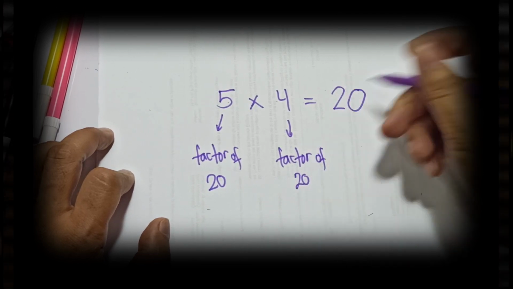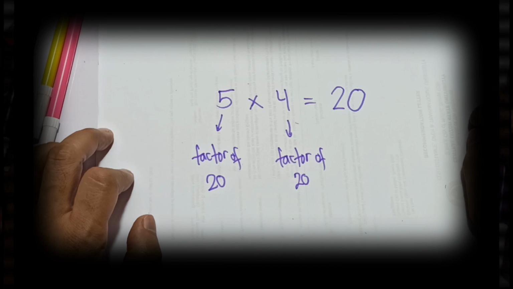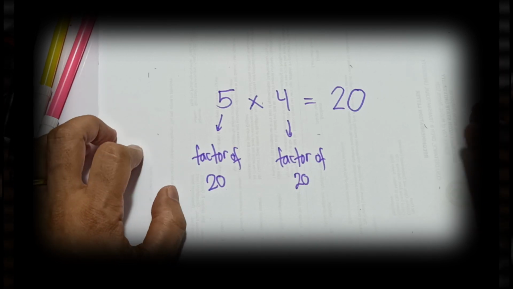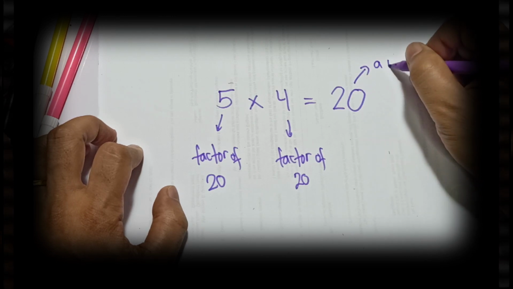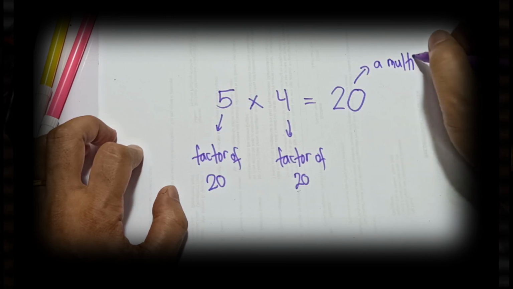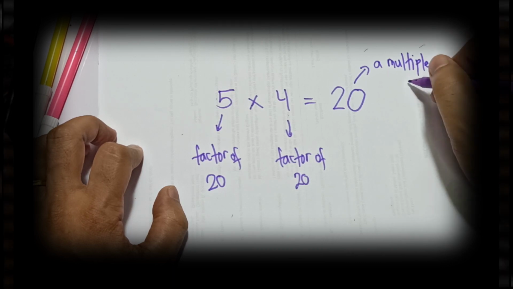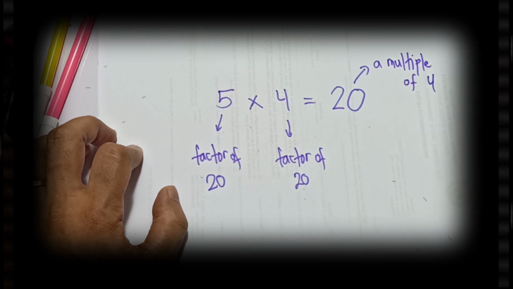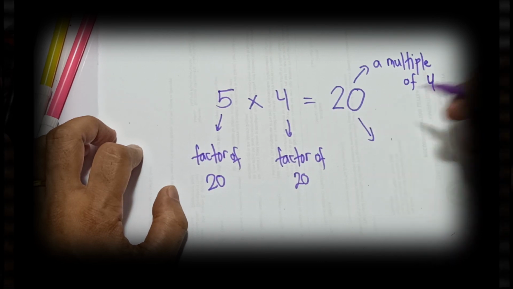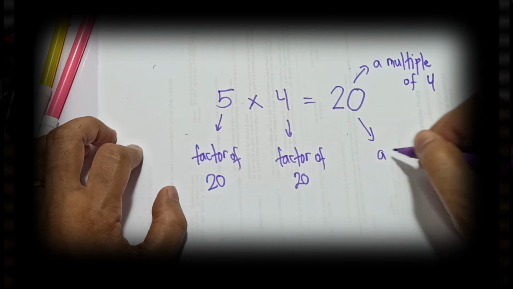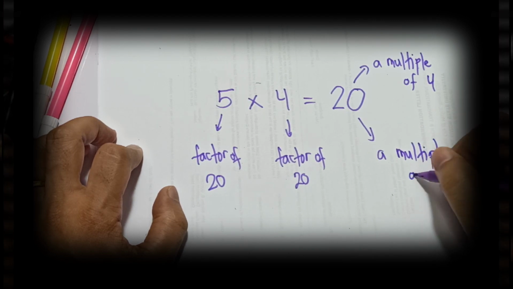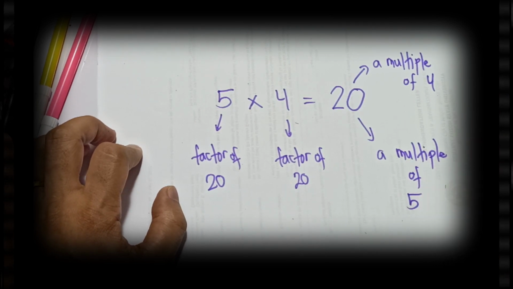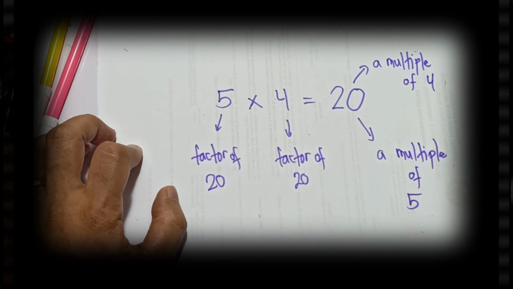Okay. So 5 and 4 are factors of 20, while 20 is a multiple of 4. Okay, and 20 is a multiple of 5. Okay, so let's have more examples.